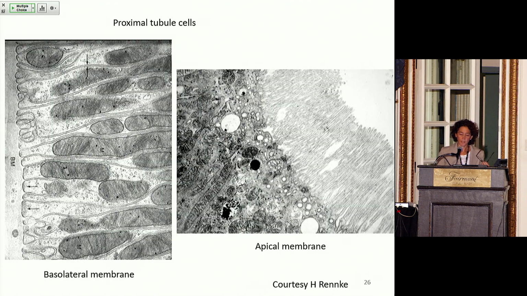And then this is a close-up with EM here, and you can see that brush border. And then on the basolateral side, totally endowed with lots of mitochondria to do the energy. And so proximal tubule cells depend on lots of energy to do their job.